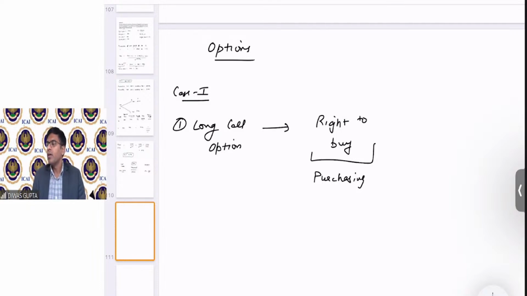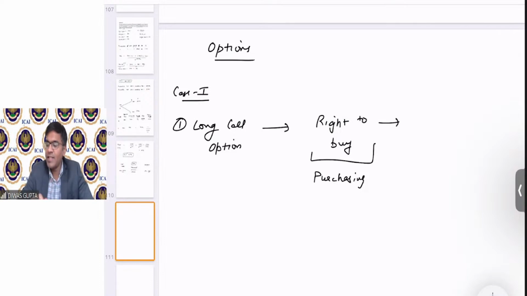Okay. Now, students, hear me out. Long call option means there is a right to buy which we are purchasing. And if there is a right to buy, I have to arrange for the strike price equivalent value if I'm going to purchase an underlying.